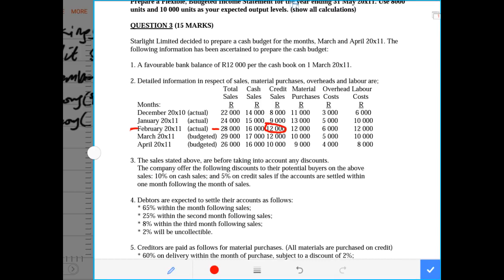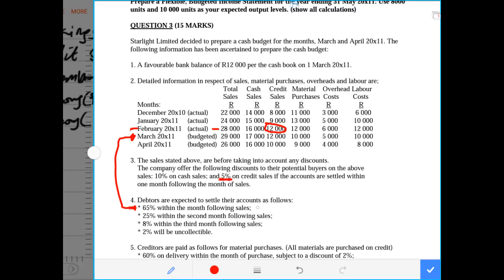And we know that out of those sales, 65% will be collected in the month following the month of sales, which is March. And when we collect that, a 5% discount will be granted. So now we have to make use of the discount, because we are collecting in the month of March, which is the month that we are doing a budget for.